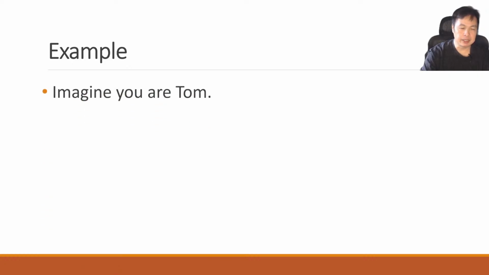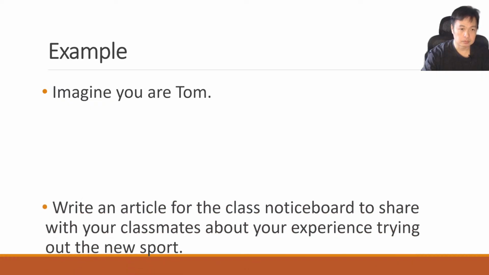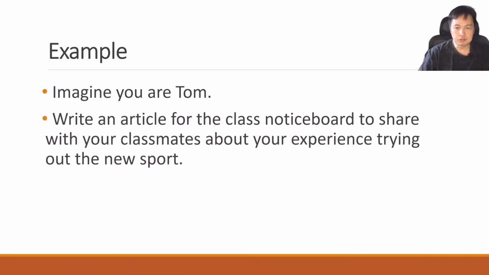So the question says, imagine you are Tom. Write an article for the class notice board to share with your classmates about your experience trying out the new sport, and you want to see here that you're asked to write an article, very early on.